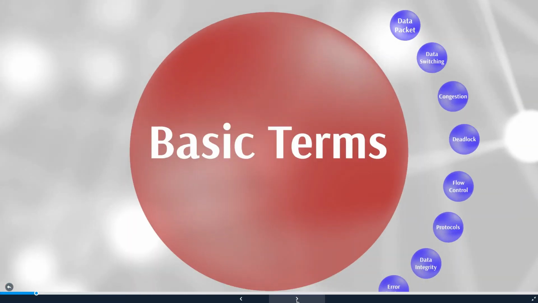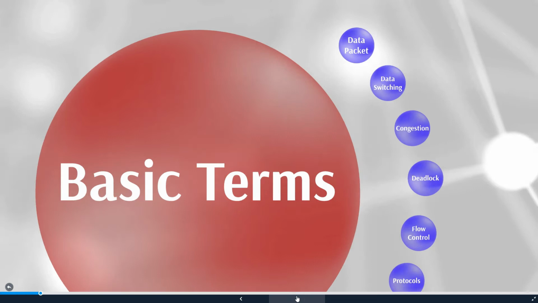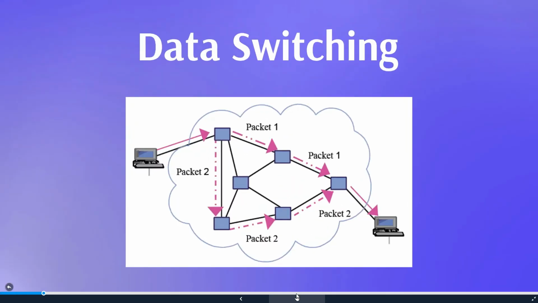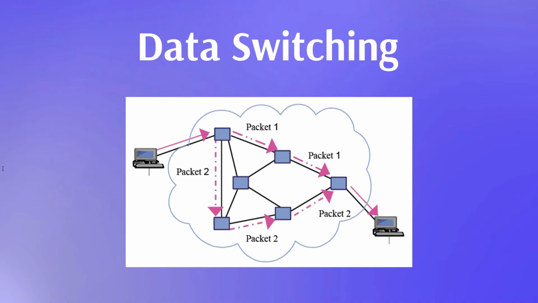The next thing I'll be talking about is data switching. Data switching is how data is organized as it moves through a network, and basically the path it takes, or the method by which it goes through it.